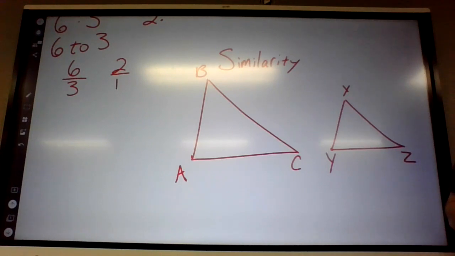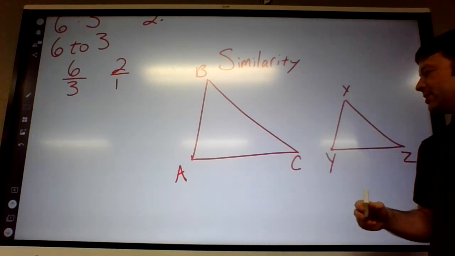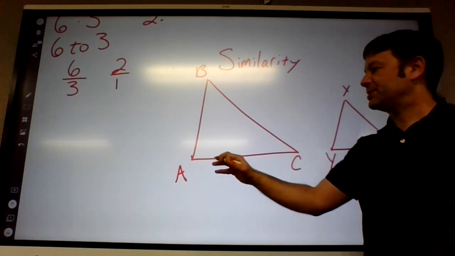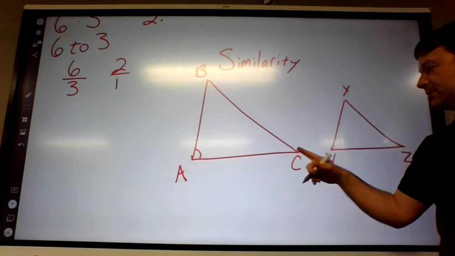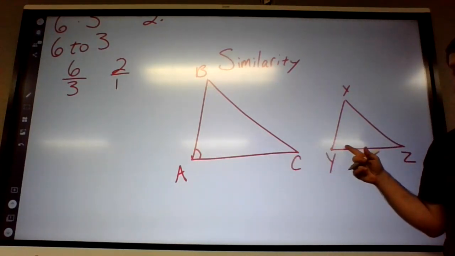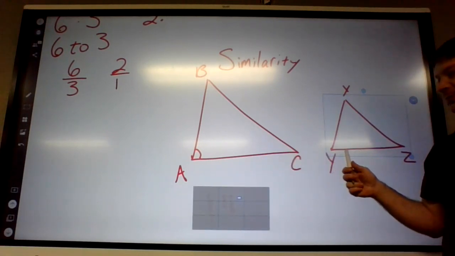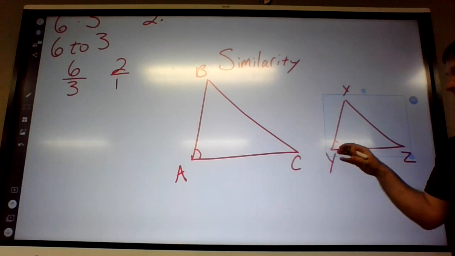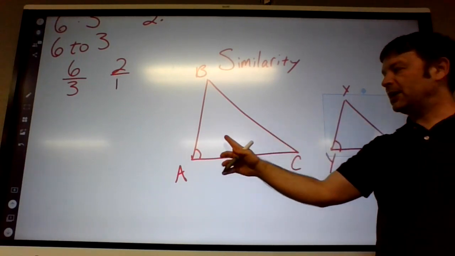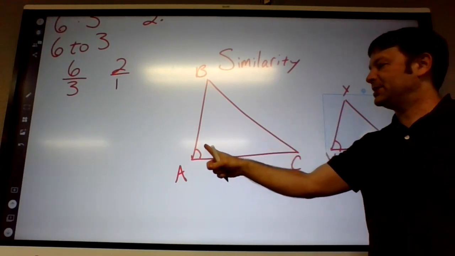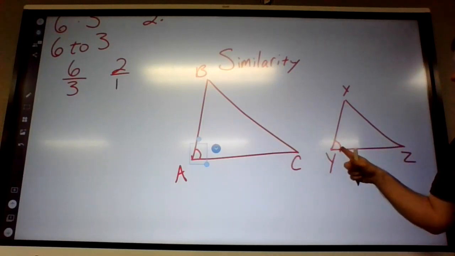Okay, similar things. Let's be a little more specific. What do you think we know about the angles in similar figures? What do you think we know about angle A and angle Y, for example? They are the same. Not all the angles are the same as all the other angles, but the corresponding angles, the matching angles, are the same.